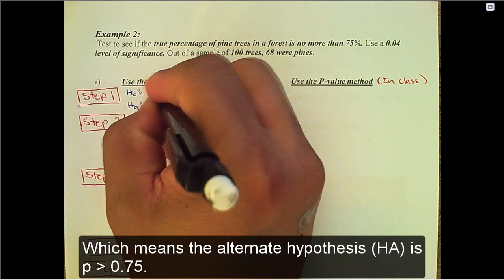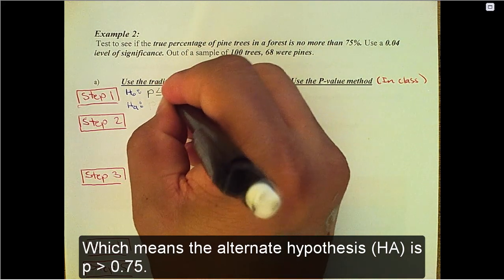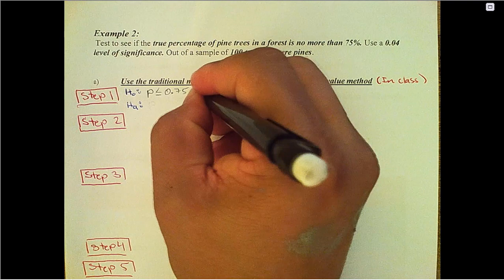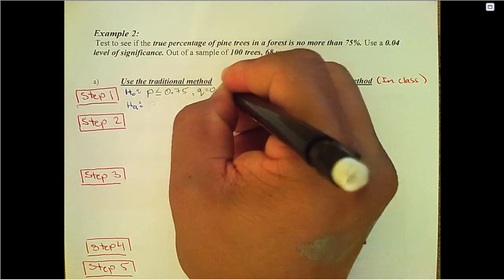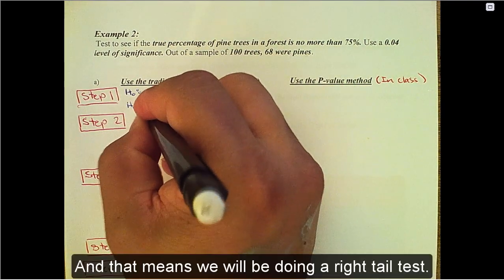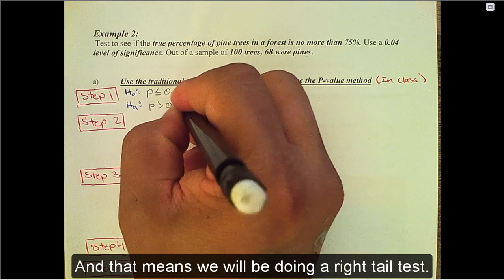Which means the alternate hypothesis, HA, is P greater than 0.75. And that means we will be doing a right-tail test.